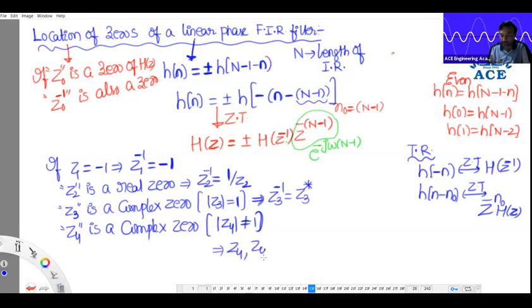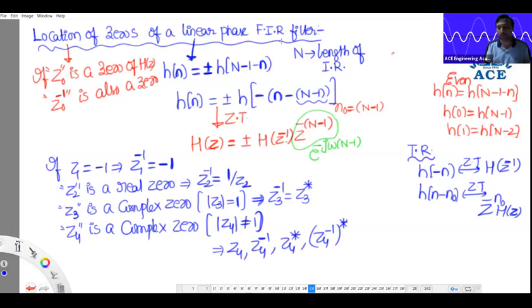They are Z4, Z4 inverse, and the conjugates of both. If you take a complex zero with magnitude not equal to 1, the roots are the original, the inverse, and the conjugation of both. This is the conclusion we can make.